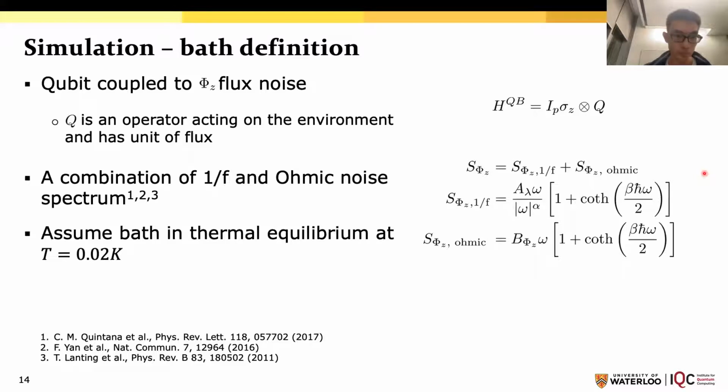And we consider a combination of 1/f and ohmic noise spectrum for the flux noise, which is common in flux qubits. And as I mentioned previously, the T1 and T2 measurements allow us to determine the symmetrized noise amplitude.